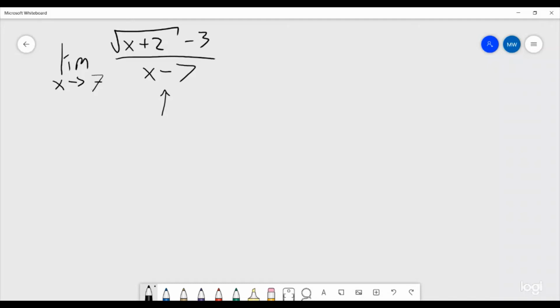Other limits, such as the limit as x approaches 2 of x squared plus 3, here we are able to evaluate it directly. It's continuous at that point, which means we don't have to do anything special. We're able to just plug this in. So this limit is just going to be 2 squared plus 3, or 7.